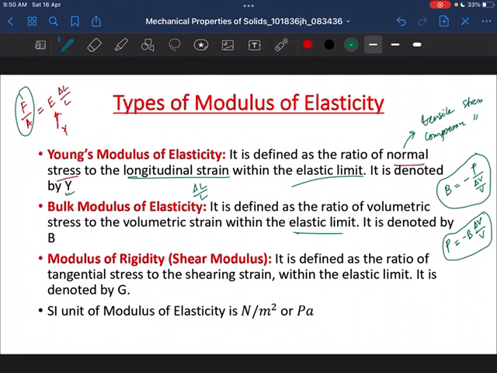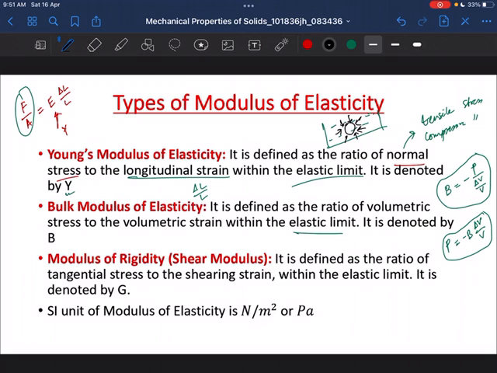Pressure gets applied from every side on the surface, perpendicularly at every single point on the body. If I immerse a body in liquid, force is applied perpendicularly from all sides, and that gives rise to volumetric stress. Because of that force the volume decreases. If you take that object out, the restoring force acts and it tries to regain its original shape. So we have del V by V as the volumetric strain.